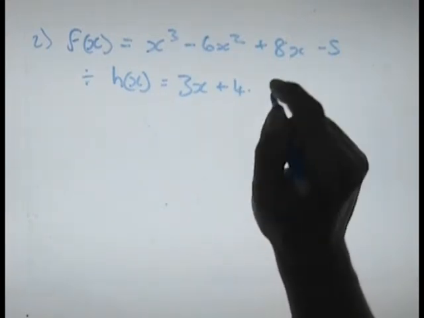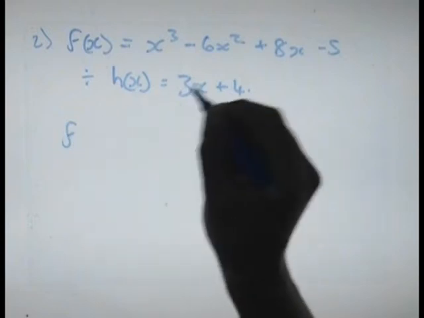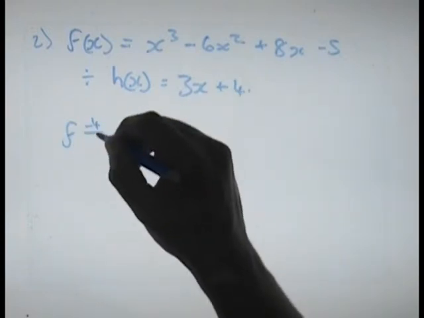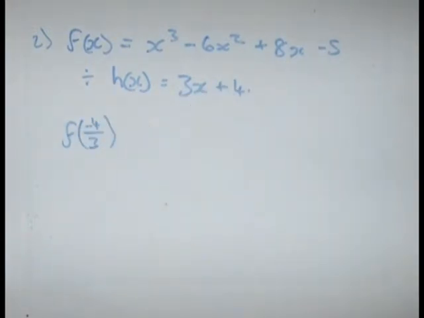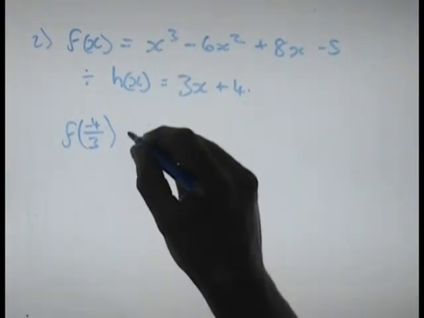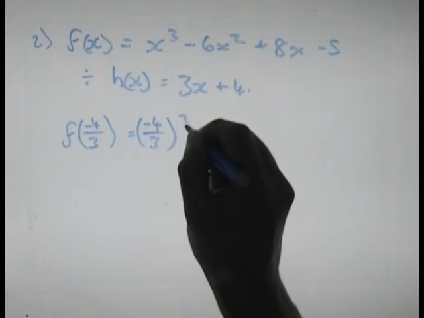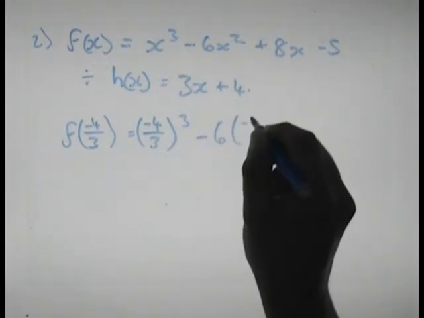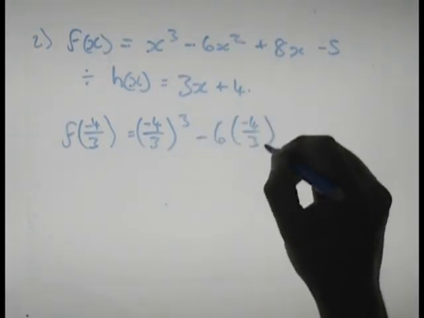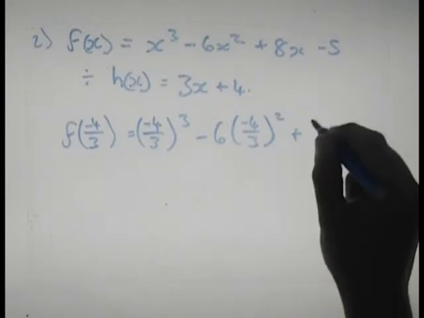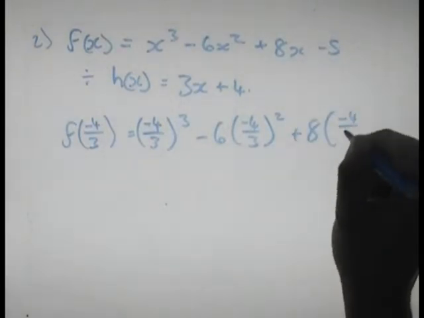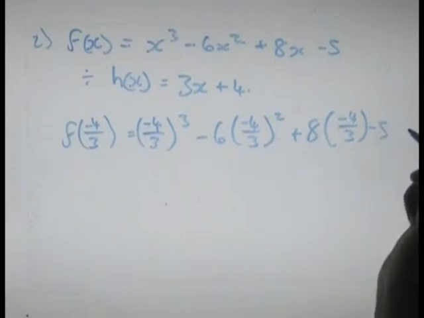Now our remainder theorem states that f of minus 4 over 3 is going to give us our remainder. In this case, that's going to be minus 4 over 3 cubed minus 6 times minus 4 over 3 squared, plus 8 times negative 4 over 3 minus 5.